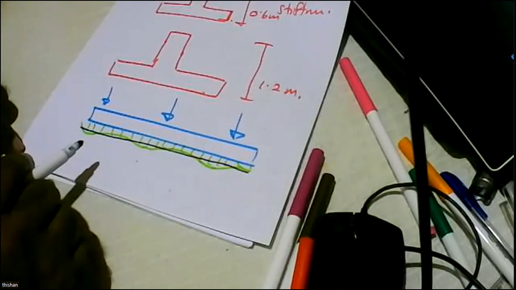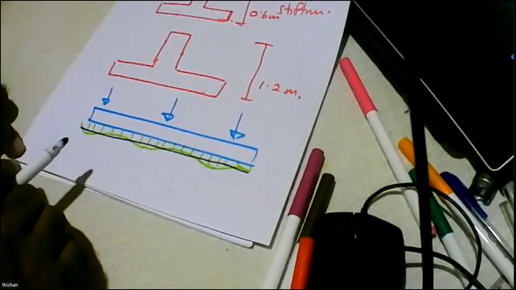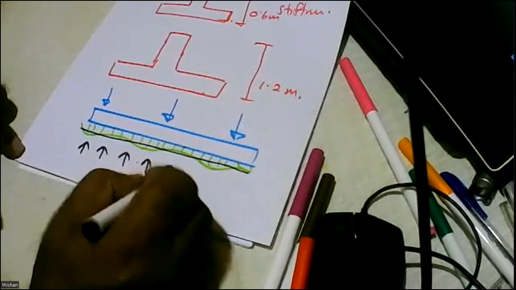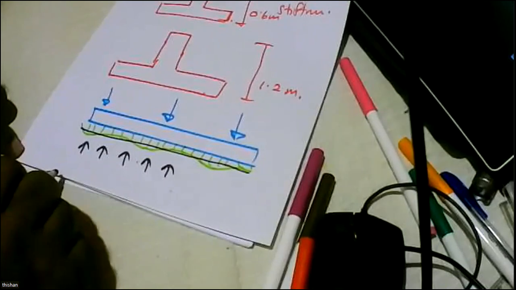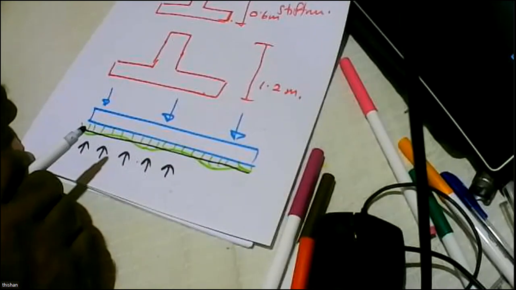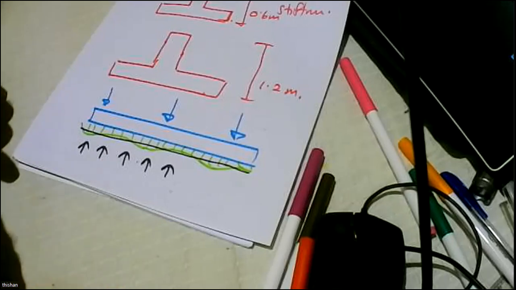So by allocating different sizes for this inverted T-beam, the stiffness will change. We might be able to see how the reactions vary, and reactions will give an idea about the load on the soil. And if we would like to see that the load on the soil is fairly well distributed, then we will need a stiffer foundation.